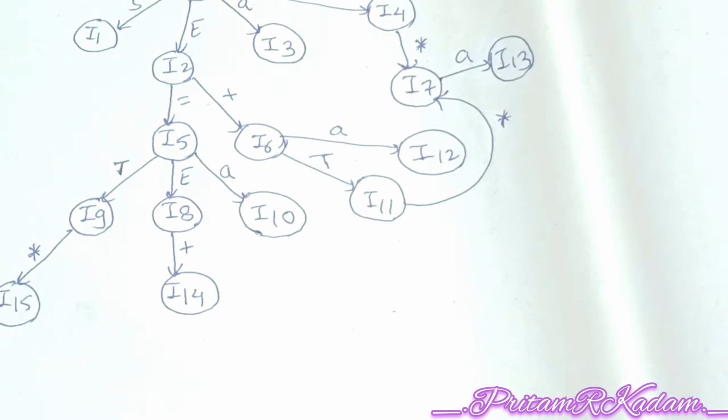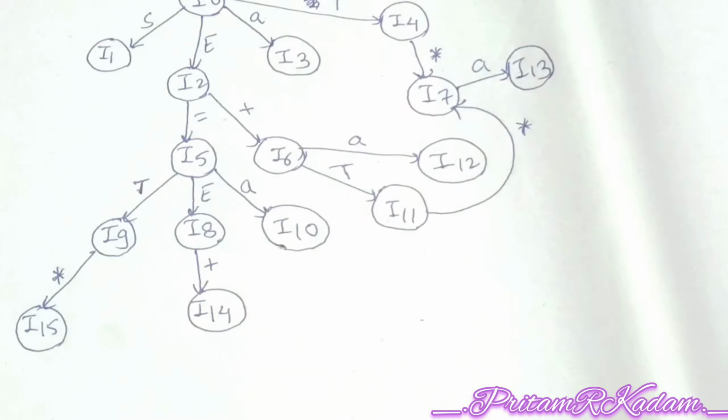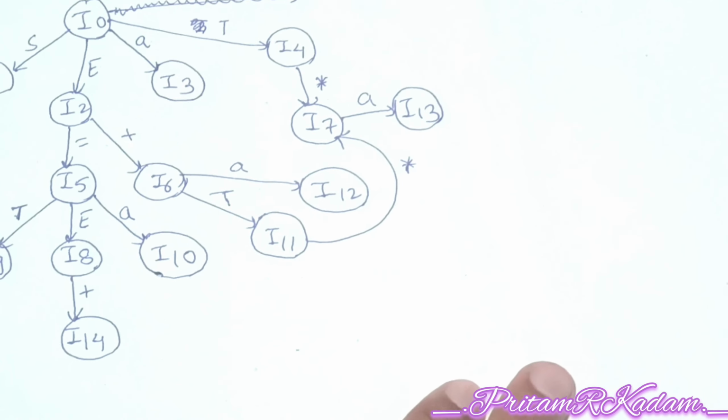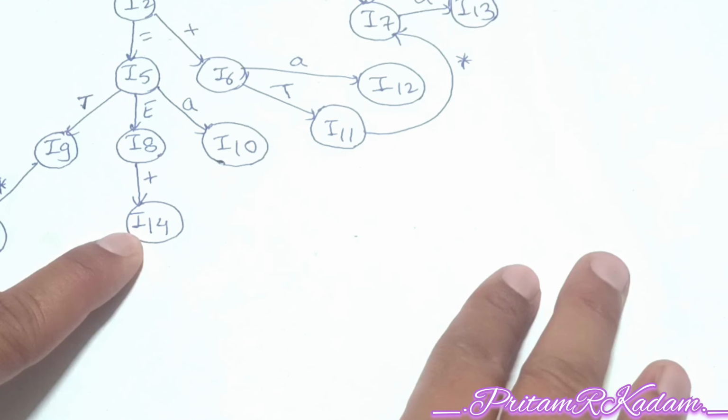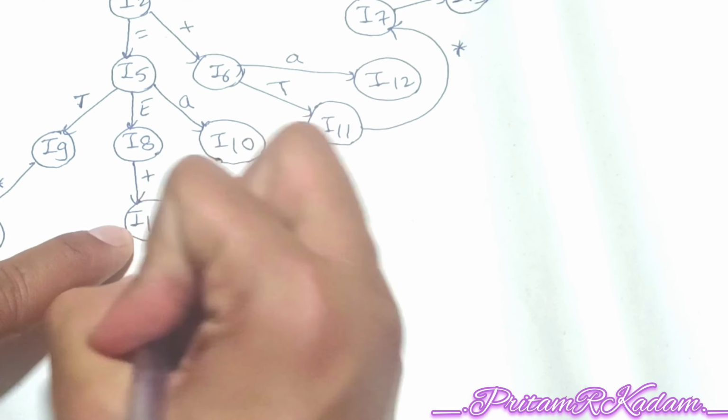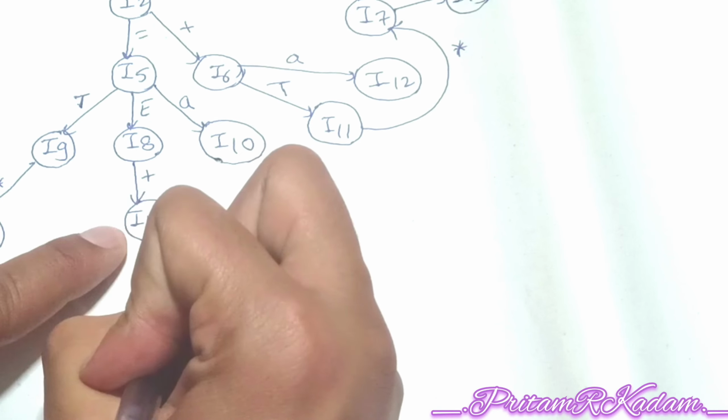Okay. So now for the next part, we have I14 on T goes to I16. So I14 over here. And we have to write capital T on top of the arrow with destination as I16 state.